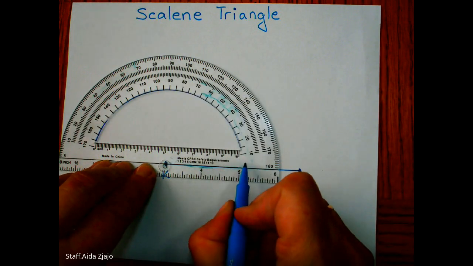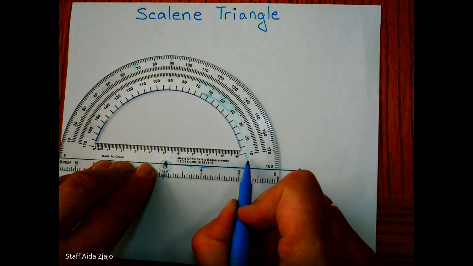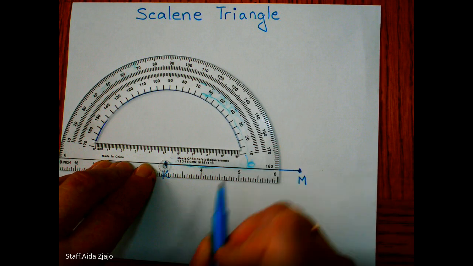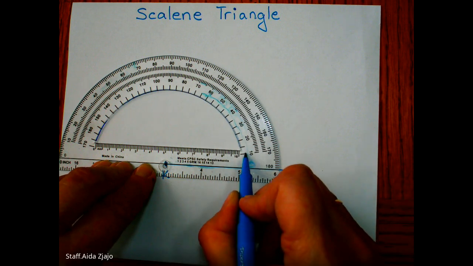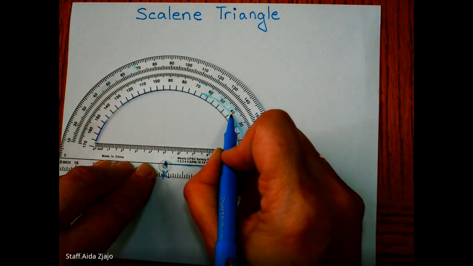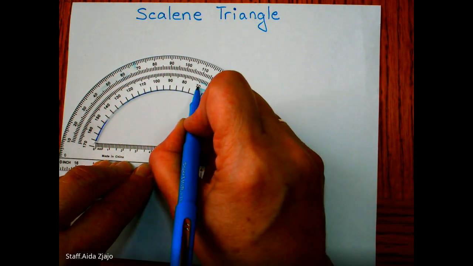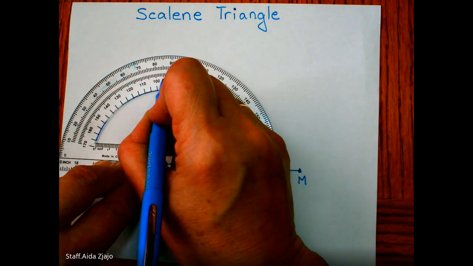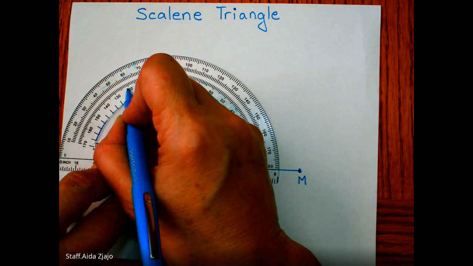So I can go and I can see there is a 10, 0. This is 0. Then you have 10, 20, 30, 40, 50, 60, 70, 80, 90, 100, 110, 120, 130.